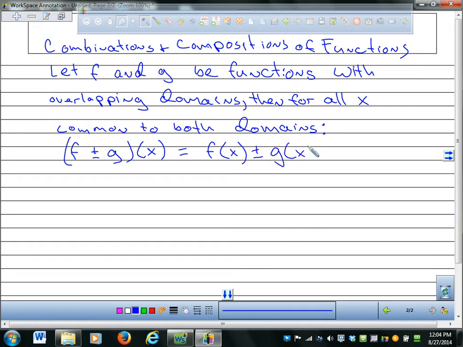And I'll give an example of each one of these things, okay? And all that means is the way I add the two functions together. I'll explain, okay? So you'll see. So this means f plus or minus g of x.